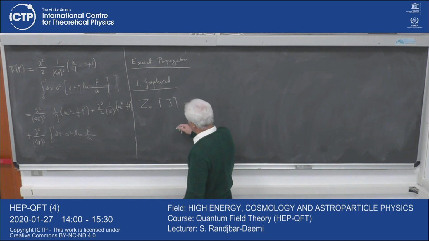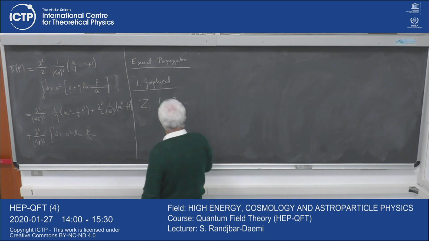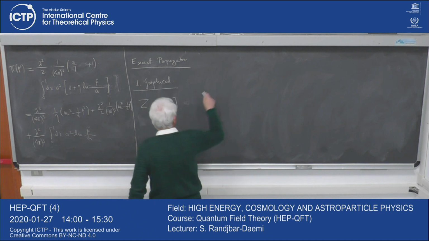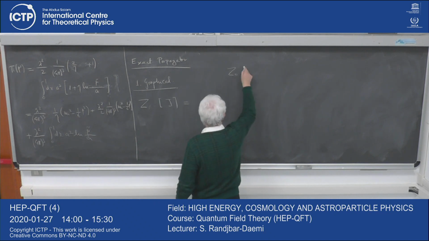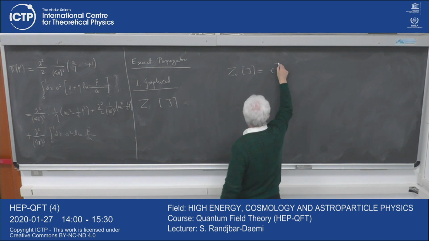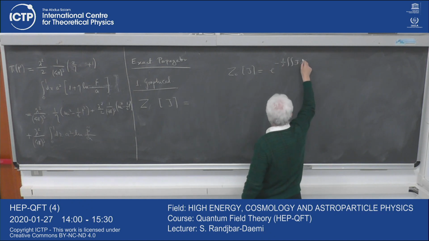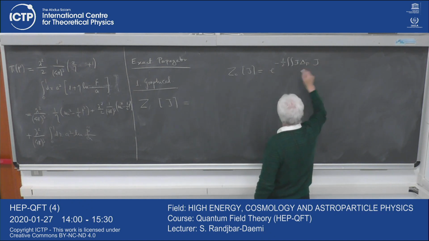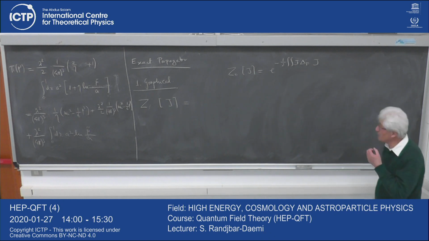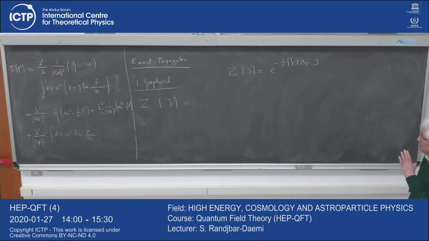For example, just to give you an idea, let's consider the free Z of J. We calculated this explicitly, and it was that function. That's an explicit expression in terms of J. It's Gaussian.